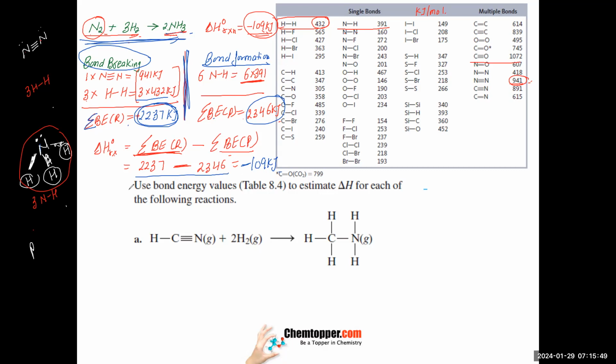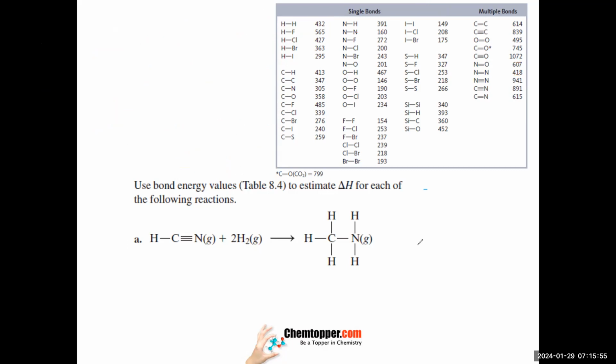Ready for this question? Okay. Bond breaking. Look at this and tell me what bonds you are breaking. These are the reactants. So what bonds are you breaking?